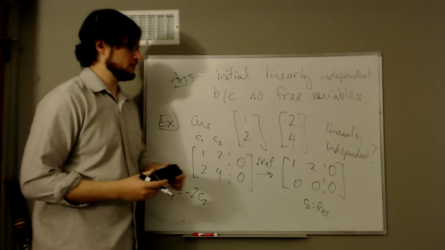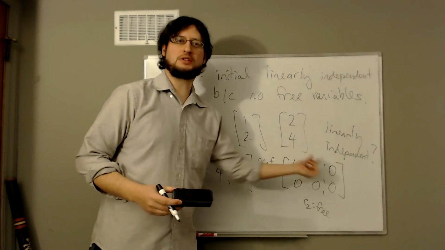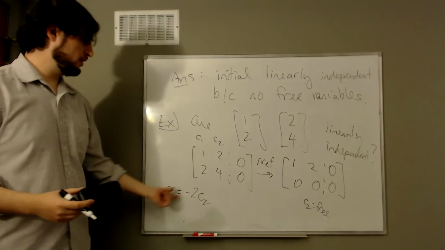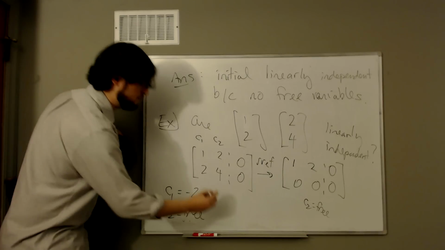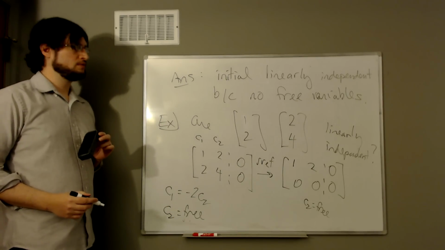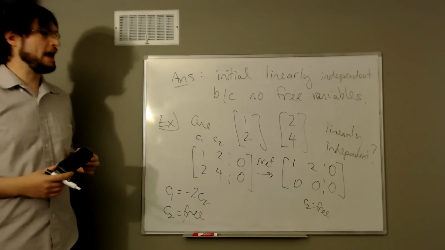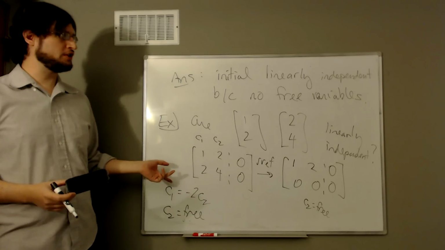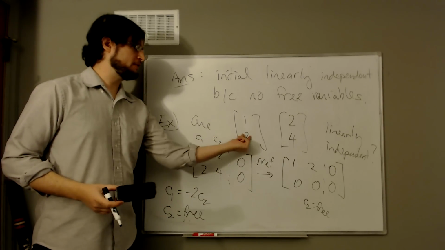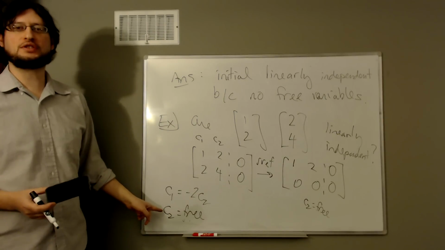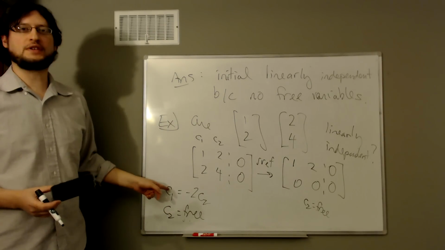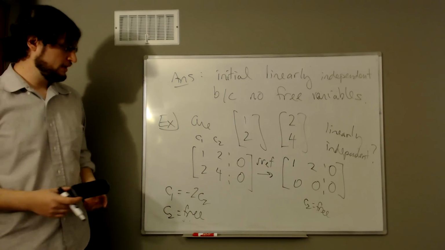If we bring the C2 over to the right, C1 plus 2 C2 is 0, so C1 is negative 2 C2. C2 is free, which means I have a non-zero solution to C1 times this vector plus C2 times this vector equals 0. Because if I choose anything for C2, I can figure out a value for C1 that makes this work.